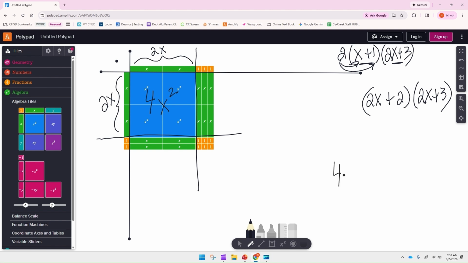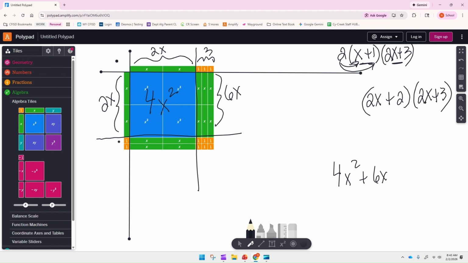I have 2x times 3. If this is 3 and this is 2x, the product of this is going to give you 6x. So that's going to give me plus 6x.